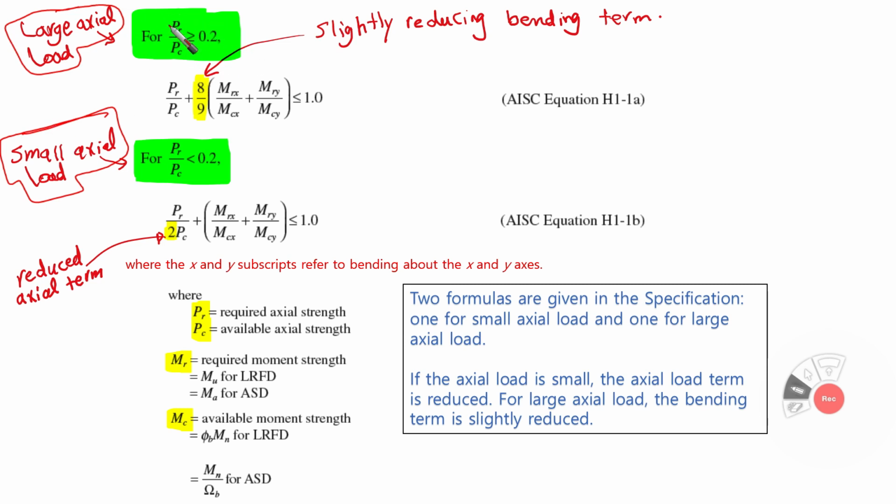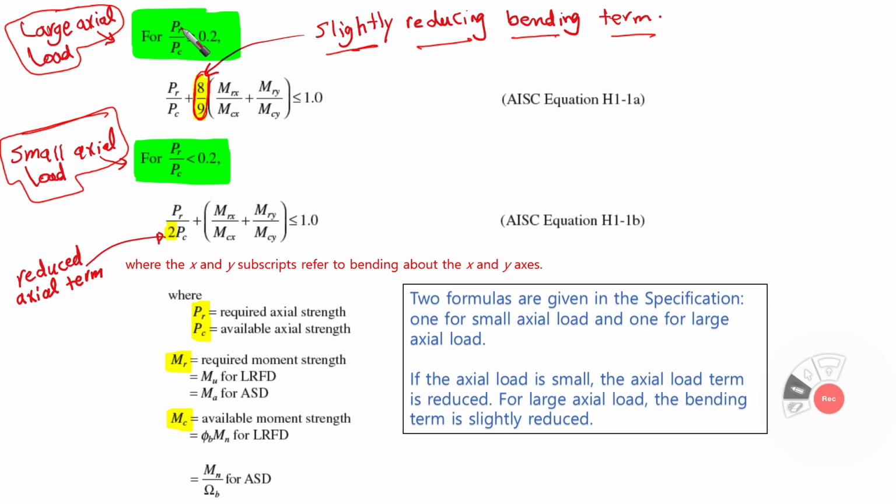So for PR over PC larger than 0.2, this is the interaction equation that we are dealing with, which is PR over PC plus, take care of this fraction here, this is 8/9, multiplying the moment term. This is what we call slightly reducing the bending term.